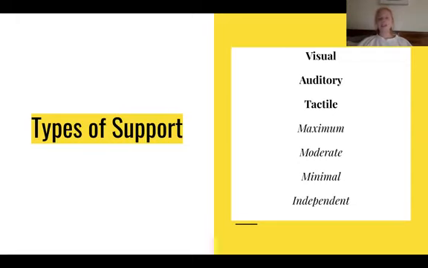And then tactile is going to be actually touching them. So for sounds, when you're working on speech sounds, tactile can be very helpful, like helping them put their hand on their throat to feel their vocal cords buzzing. For kids with cleft palates, helping them feel the nasality.